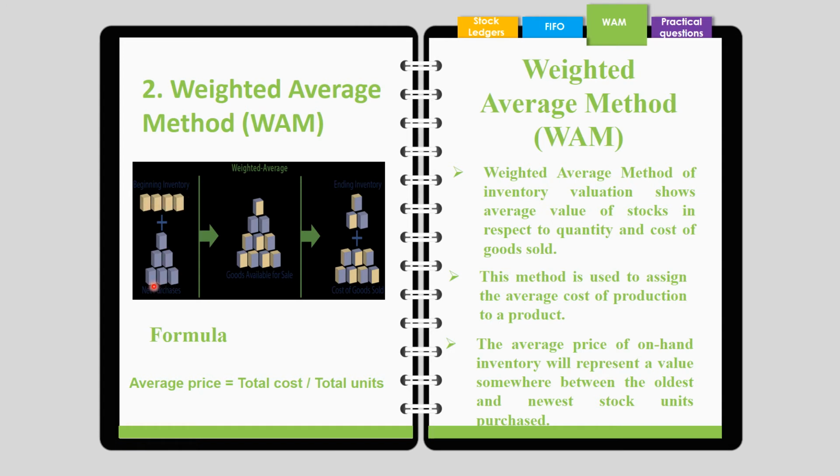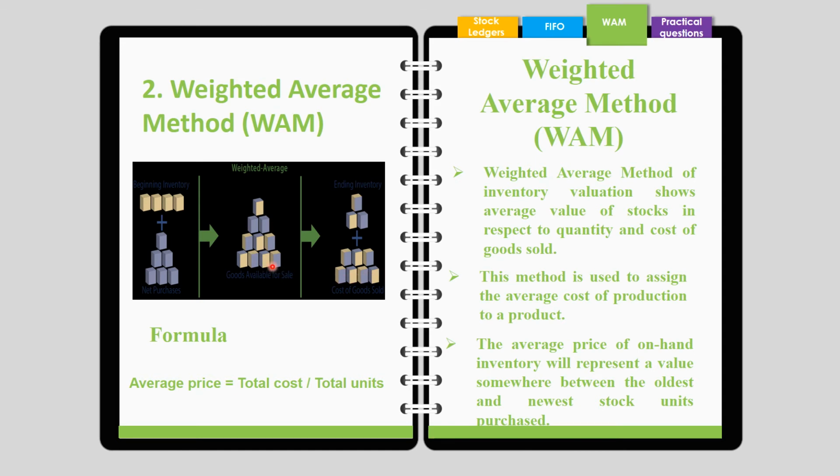We have purchased 6 new blue color boxes. Now while storing them into my warehouse, I have mixed the brown and blue color boxes together, and when I am going to dispose this off or sell from it, or consume for the production, I am going to use any random boxes which can be blue, which can be brown.